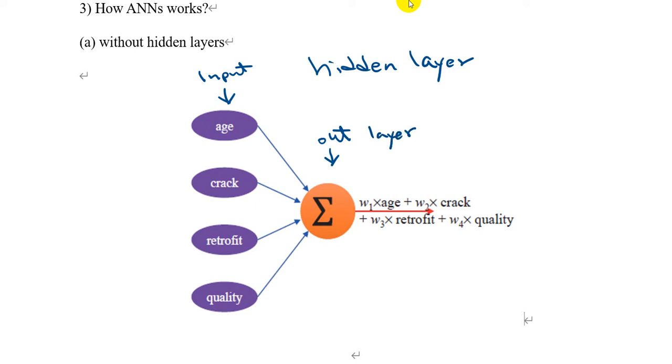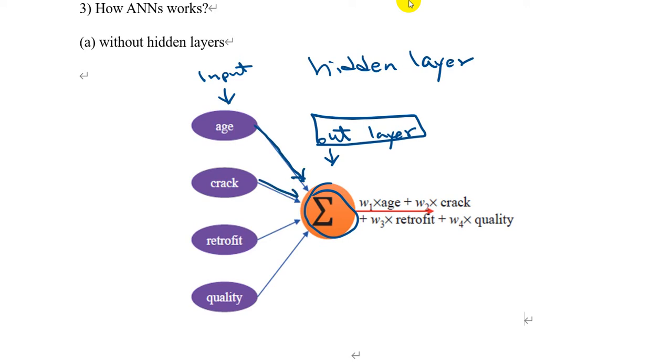So how is the parameter in the output layer calculated? It's simple. The value in the circle, in this case the output parameter in the output layer, is based on the summation of these four straight lines.